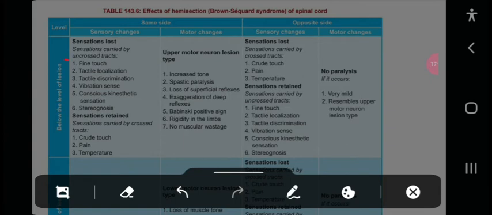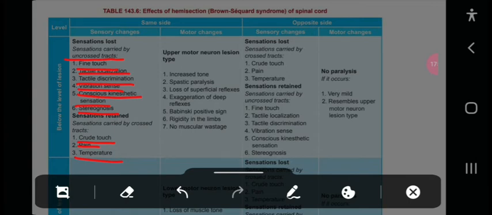Sensations carried by uncrossed fibers: fine touch, tactile localization, tactile discrimination, vibratory sense, conscious kinesthetic sensation, stereognosis. Sensation retained: sensation carried by crossed tracts, crude touch, pain, and temperature, below the level of lesion.